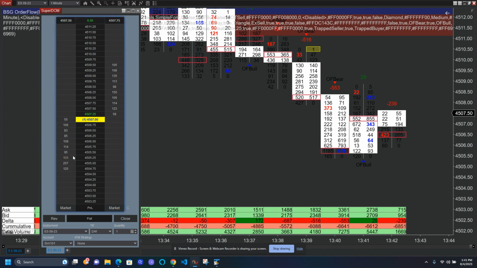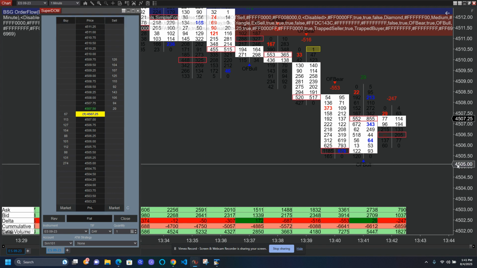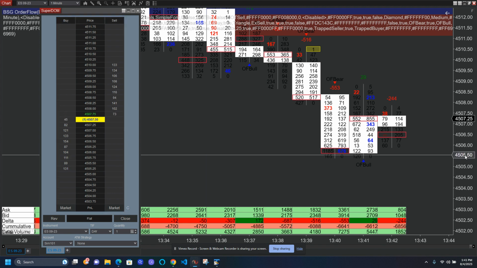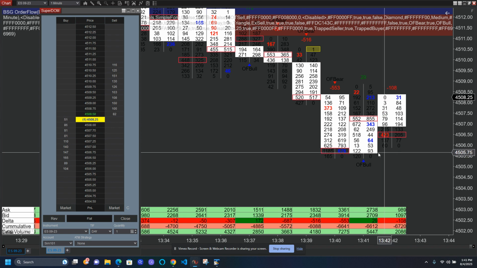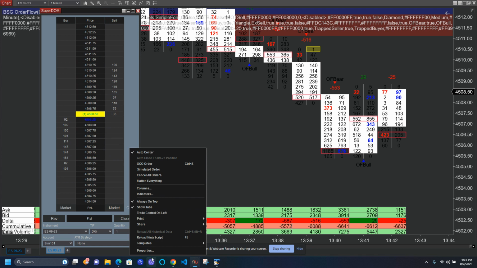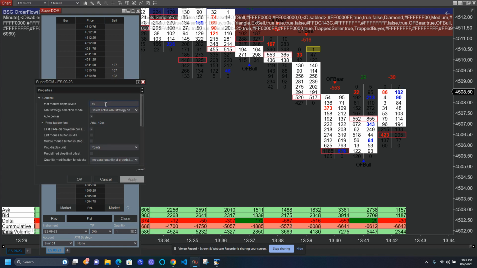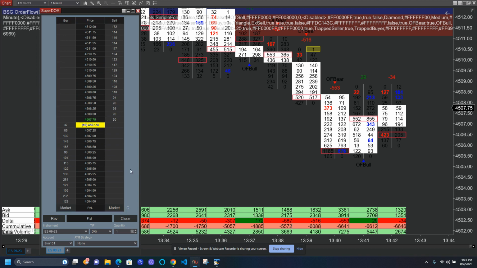Even now, I'm seeing even more liquidity at 4505. I'm going to increase the ticks to 30. I want to see more. Yeah, now I can see more.